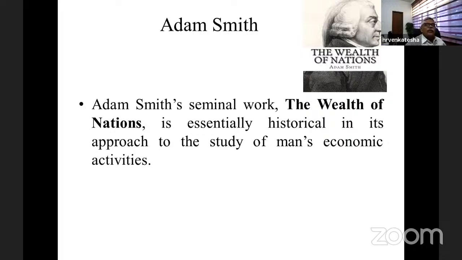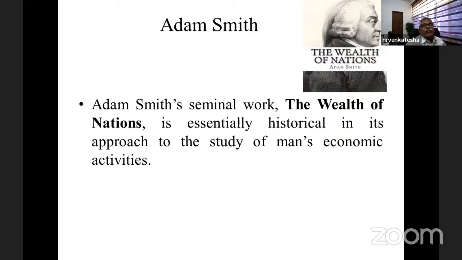To cite one example, all of you have heard of The Wealth of Nations written by Adam Smith, and it is essentially historical in approach. I don't know how many of you in the audience know that, for example, British rule in India encouraged Adam Smith to write about Wealth of Nations.